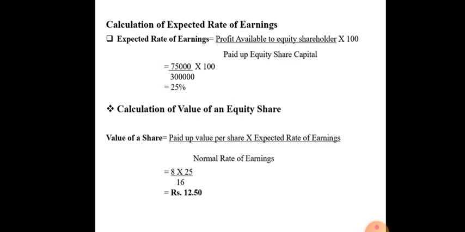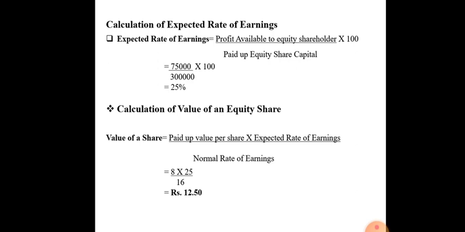The profit available to equity shareholders is 75,000 divided by the paid up share capital, which is related to the equity only. Don't take the preference shares, it's related to only equity shareholders. So this 3 lakh share capital into 100, the 25% is nothing but the expected rate of earning. Now this expected rate of earning you have to put into the value of shares for the calculation of the value of shares.